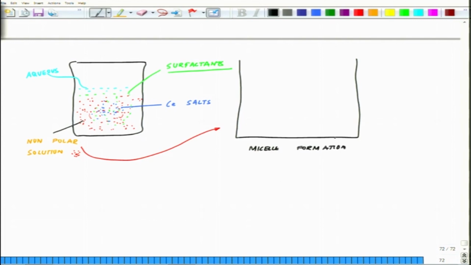So, the micelles will be most likely something like this. If you sonicate this, they will form micelles like this. It's a simple surface chemical process. You are doing a sonication here.